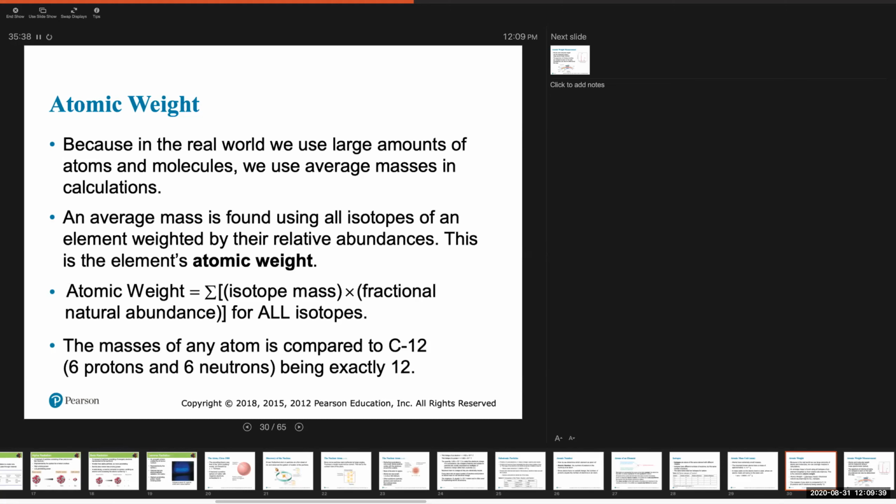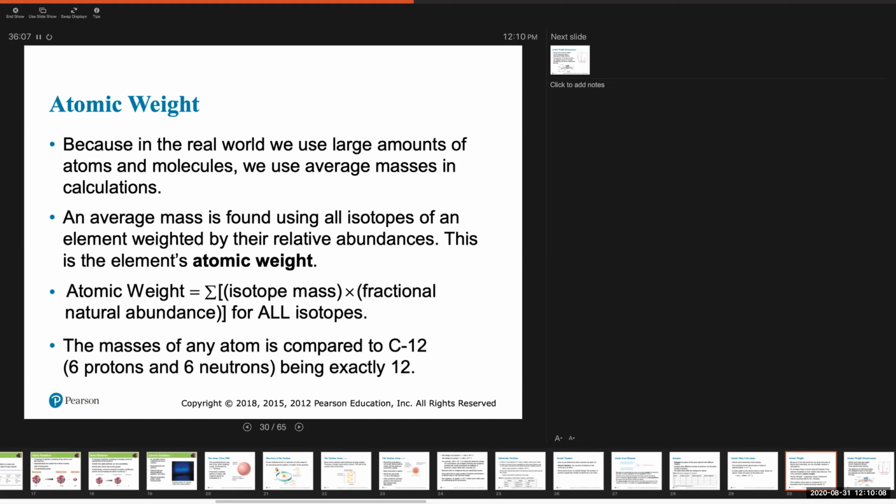So in the carbon example, you'd have the 12 times 0.99 plus the 13 times, I don't even know what it is, but say 0.0002, and then for the other 2 as well, and add those up.